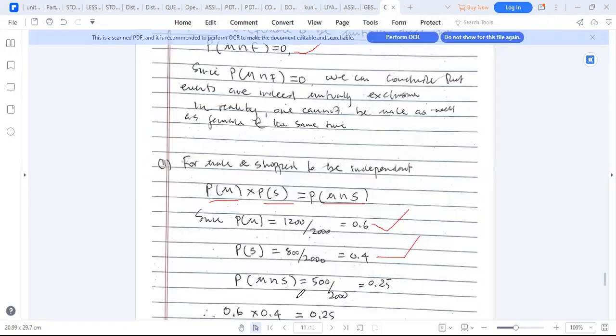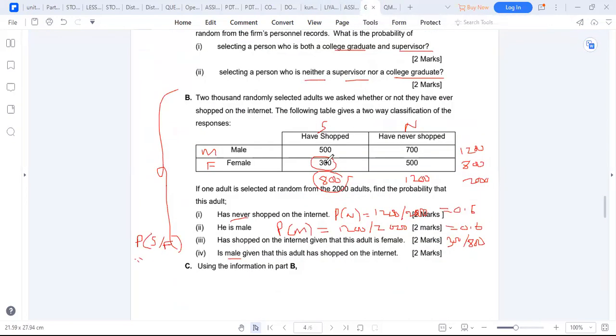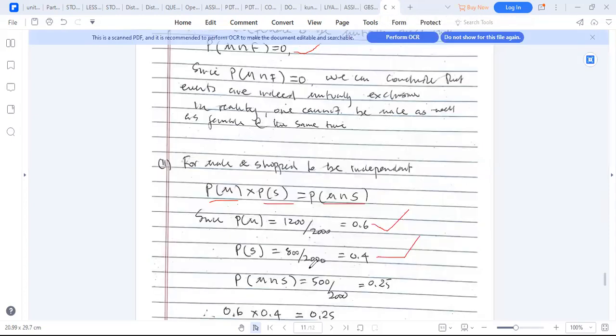That is 0.4. And where do male and shopped meet? They meet at 800, and over the total for everything, which is 2,000, that is 0.25.